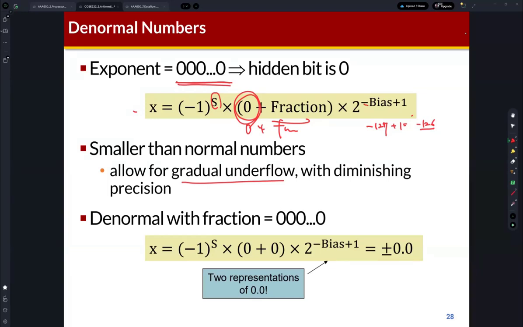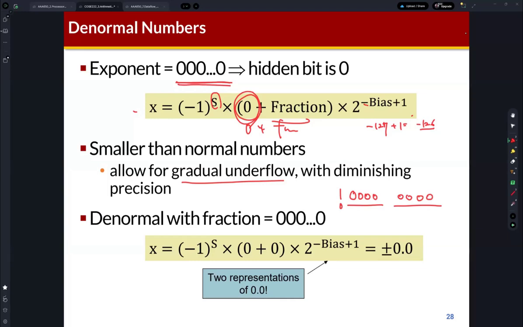And then how about 0? 0 is the smallest value, if we just consider the magnitude. If all exponent bits are 0 and all fraction bits are 0, then it is 0. The sign bit can be 1 or 0.